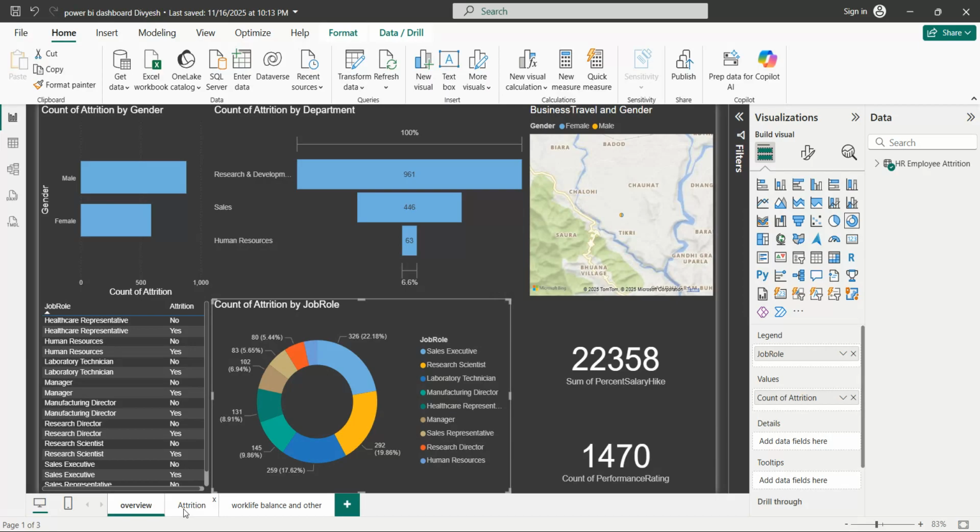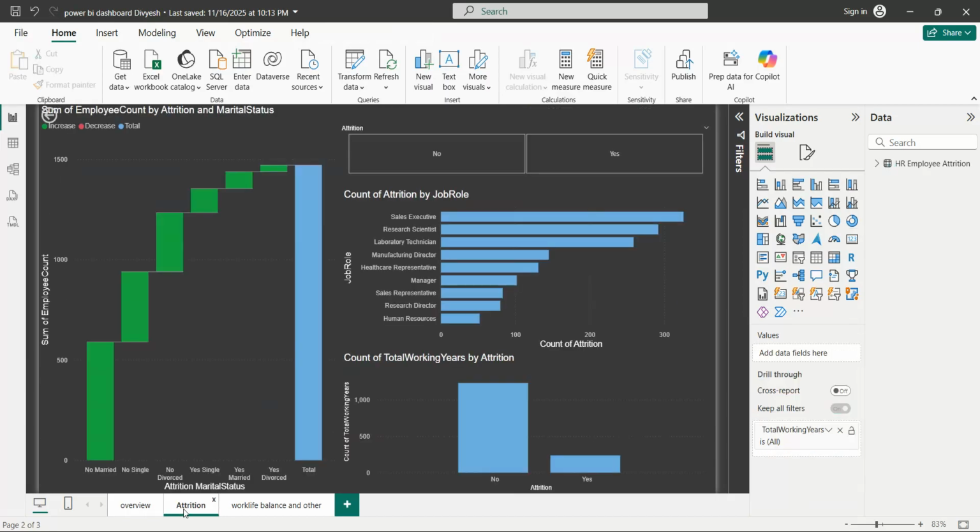So coming to the next sheet. This sheet focuses on analyzing attrition through marital status, job roles, and total working years of employees. The aim is to understand how personal and career related factors influence attrition.